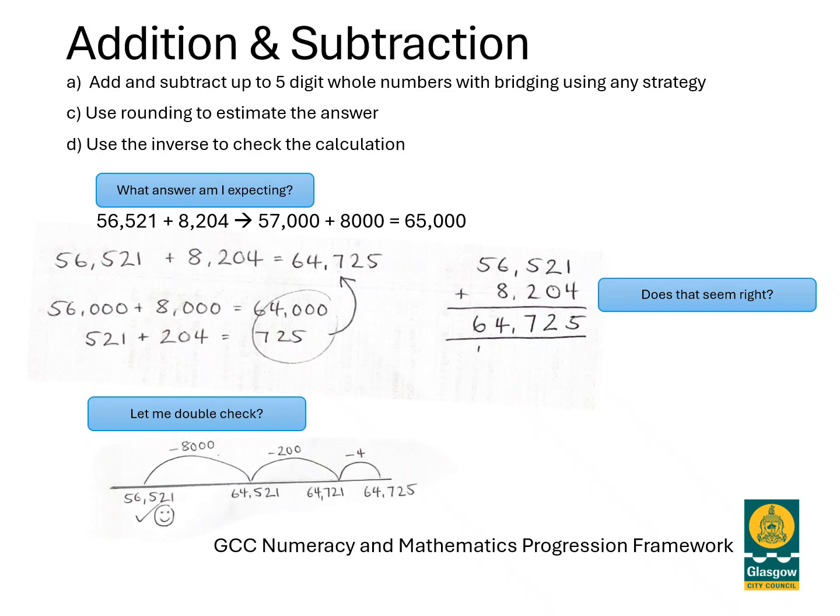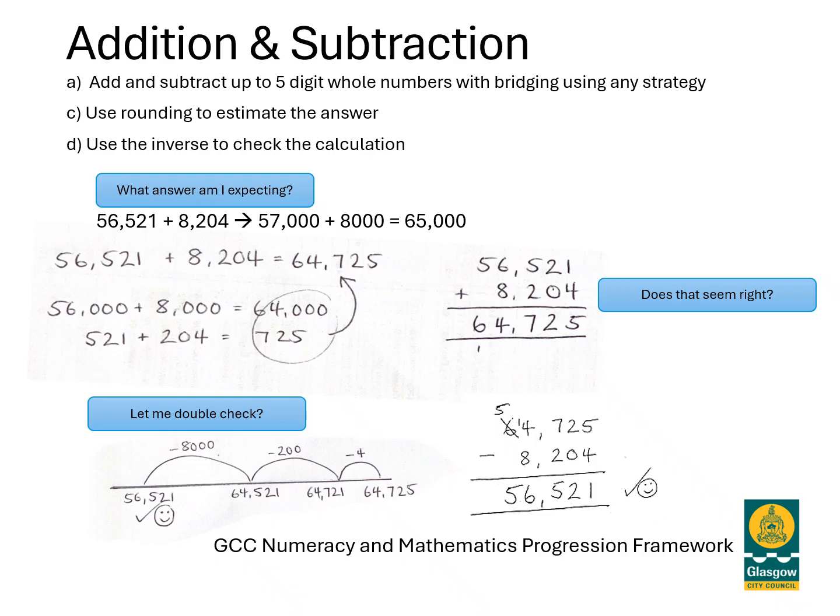You're going to do the inverse, and in this case, this person's chosen to do that on an open number line. I'm going to do the inverse operation to check that my answer is correct. Okay, so in this case, they've started at 64,725 and taken away, subtracted the 8,204 in 3 jumps.